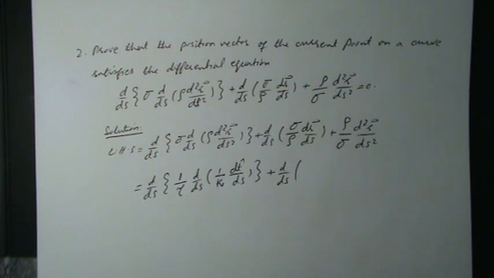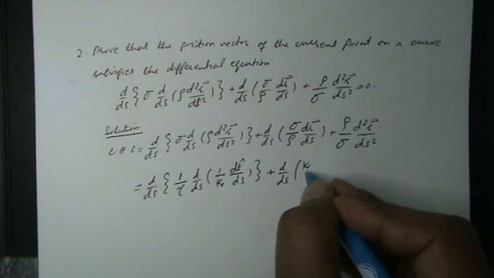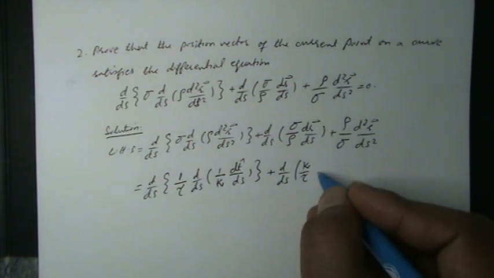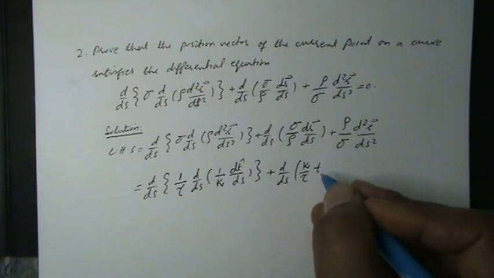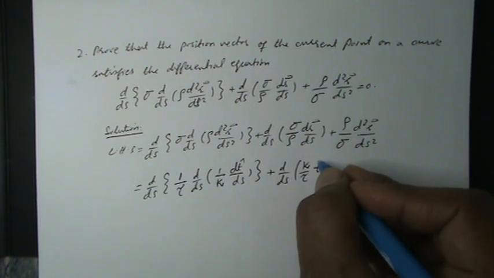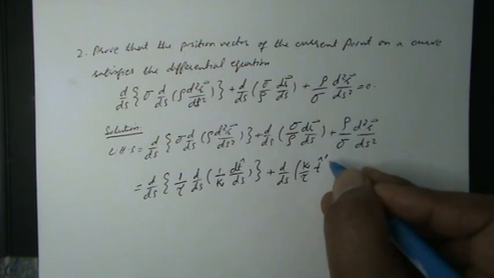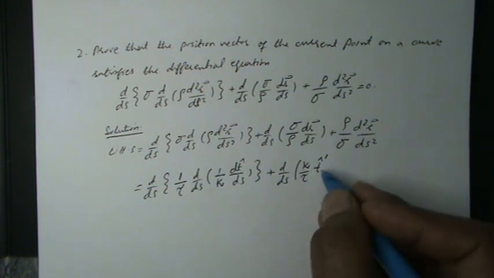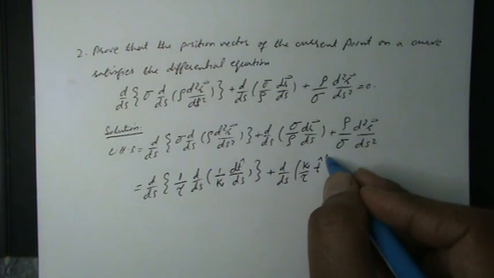So sigma over rho is equal to kappa over tau, dr over ds is equal to the T unit vector, only T unit vector, not a dash.